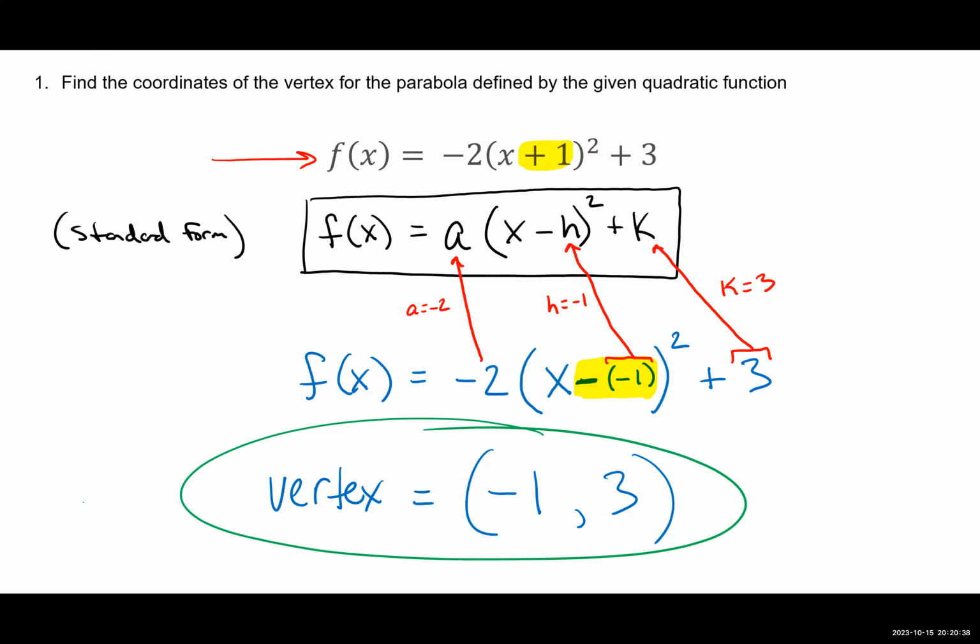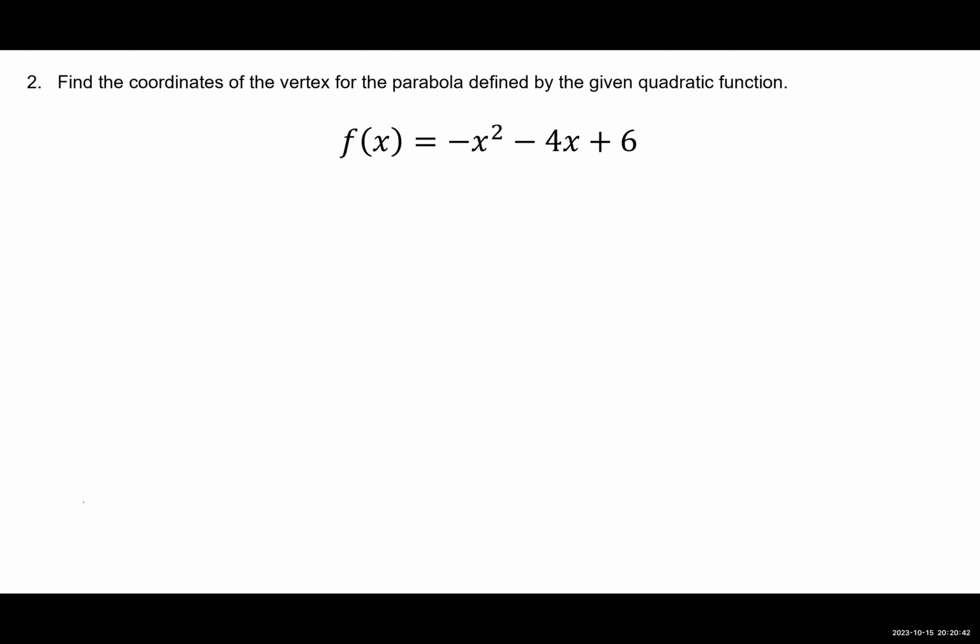The next problem, same question. Find the vertex of the parabola, but now we have general form. Right? So f of x equals a x squared plus bx plus c. We call this general form.